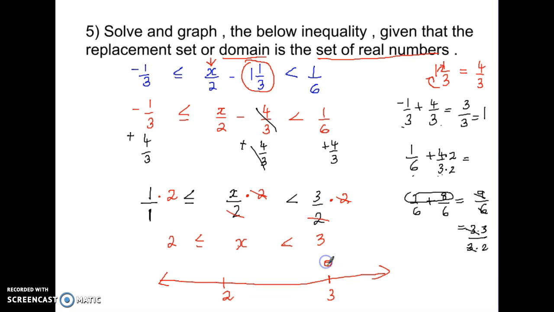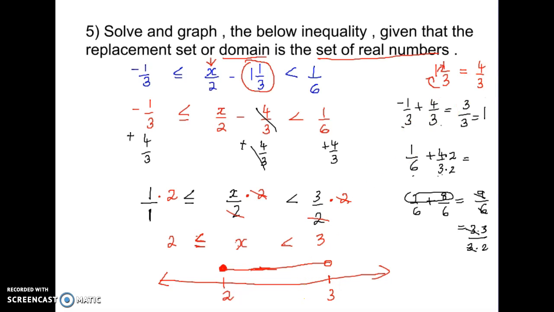So it's an open circle and it's going below 3, but x is greater than 2, but it includes the 2 since there's a line. It's greater than or equal to 2. So that's a darkened circle right there, and we can connect it. Okay, so this is how the graph is going to look for this problem.